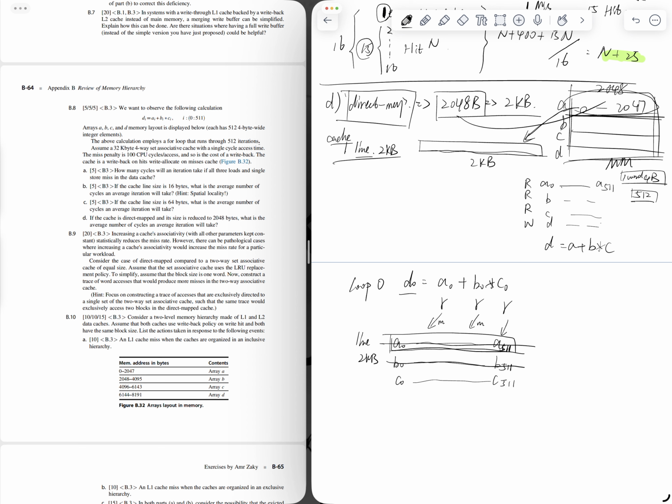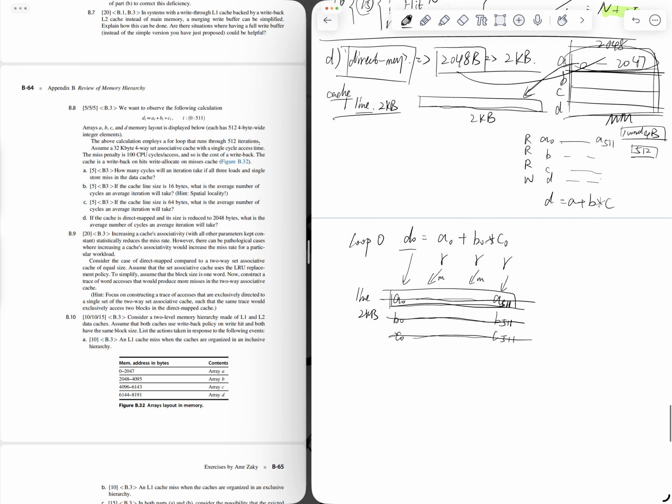So how about D? We will need to read D and then modify it, so we do the same thing: try to read D, find no D, and need to replace the things inside the cache line. What I'm doing here is just modifying the same line, because we have only one cache line. So D will go here.